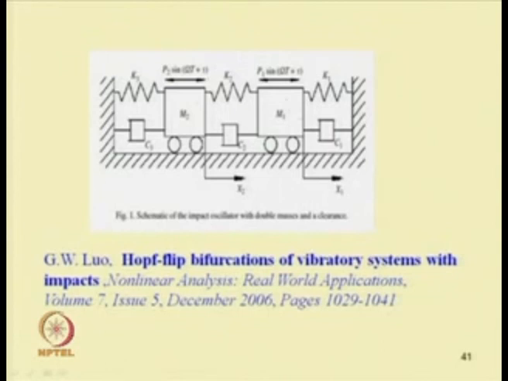The displacement of the first one is x1 and the displacement of the second one is x2. After some time, in the steady state, one can observe the Hopf or flip bifurcation in the system due to the impact of the system.